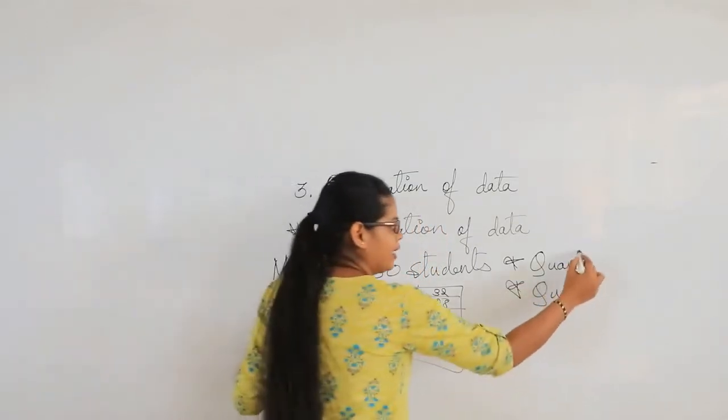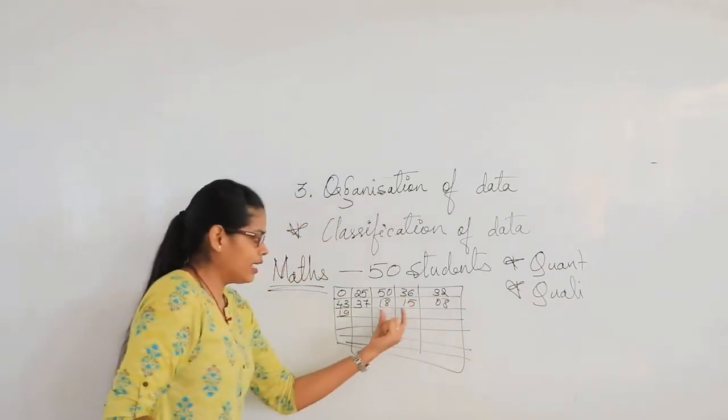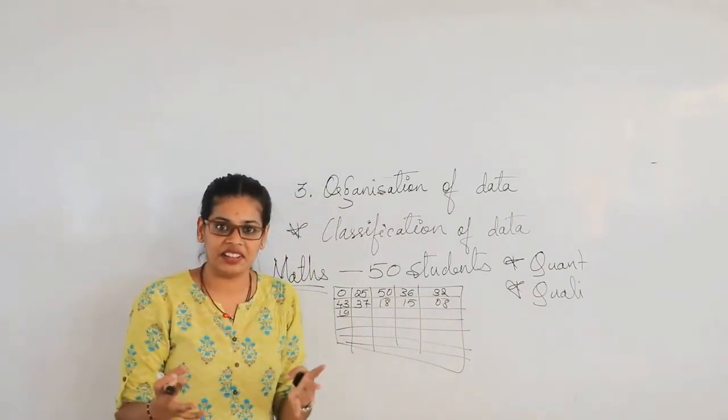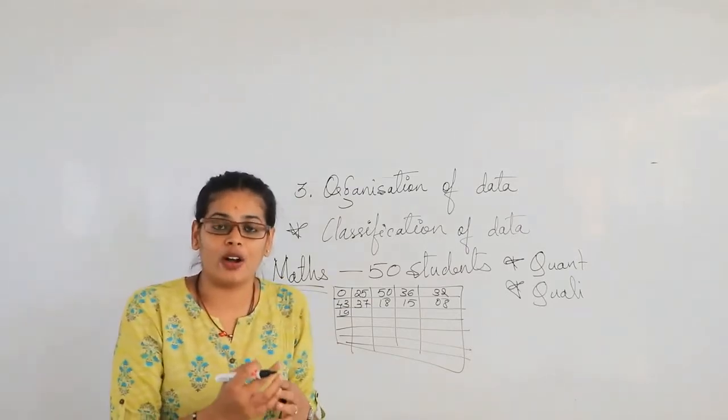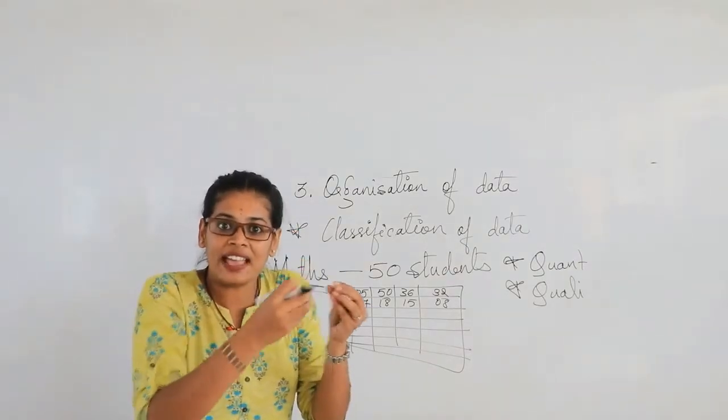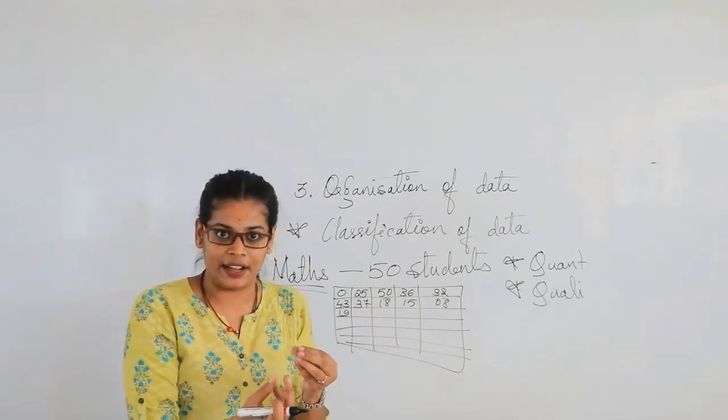Quantitative is the data wherein we have numbers, years, so that we classify them, maybe in ascending order or in descending order.